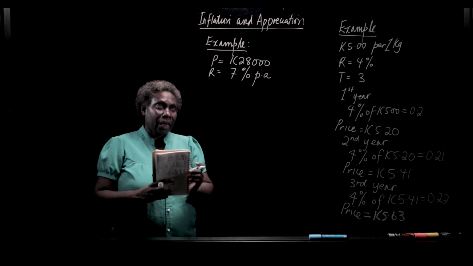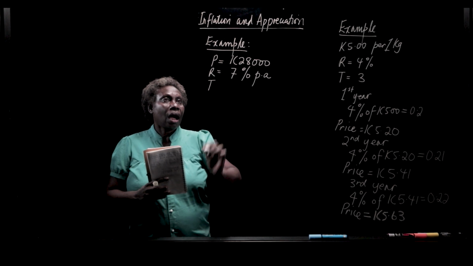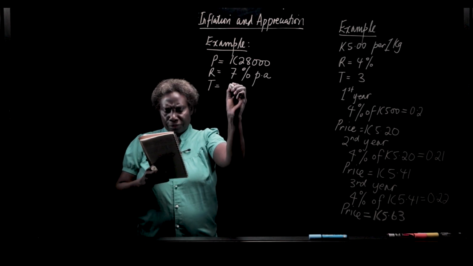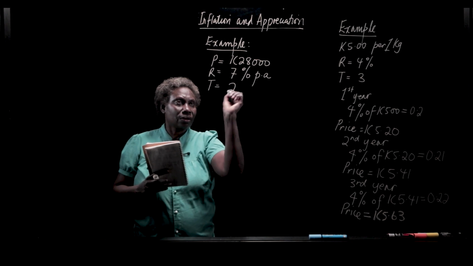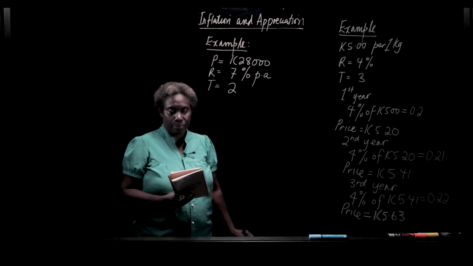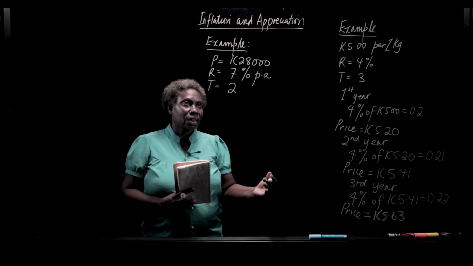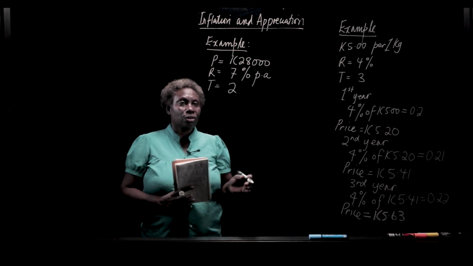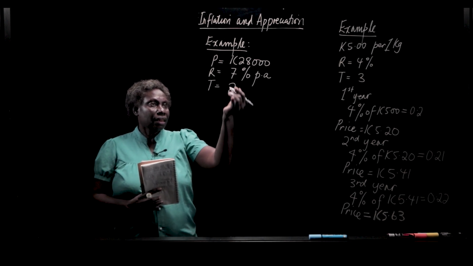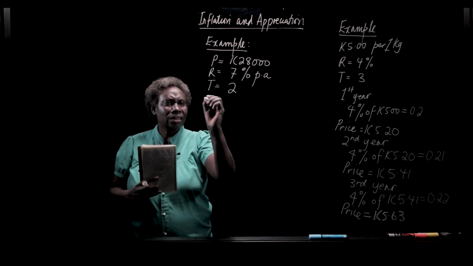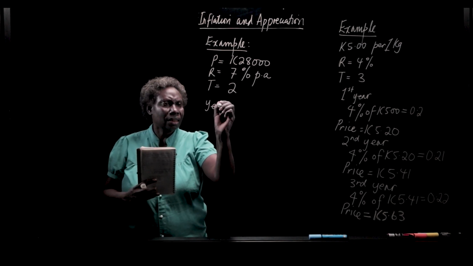And we want to find out how much that block of land will be worth after 2 years, or in 2 years' time. So with appreciation, we'll see how much it is going to appreciate in value at the end of the second year.